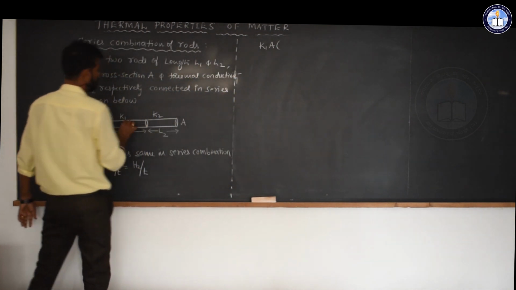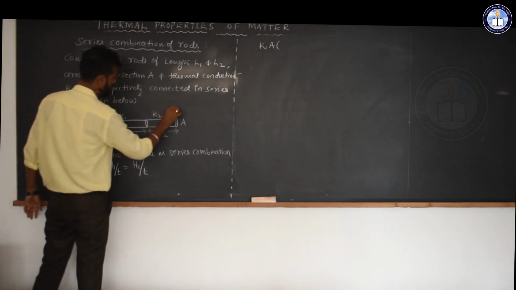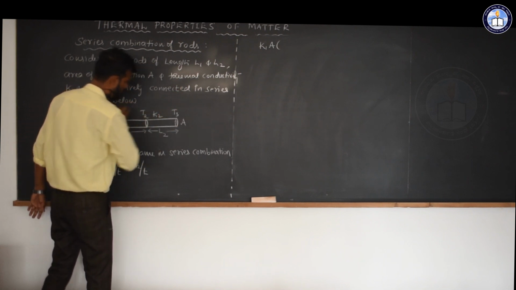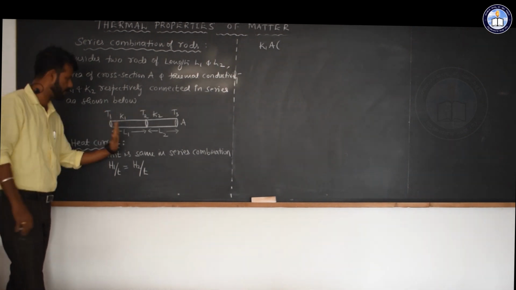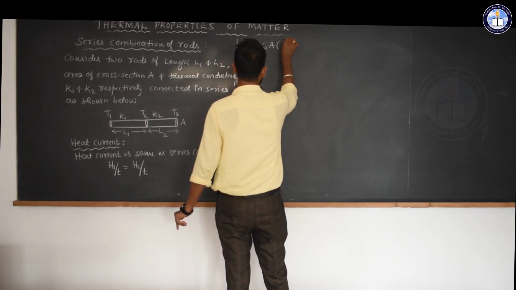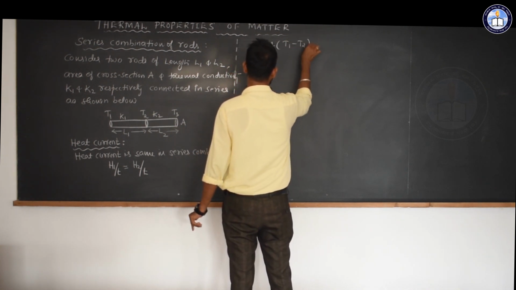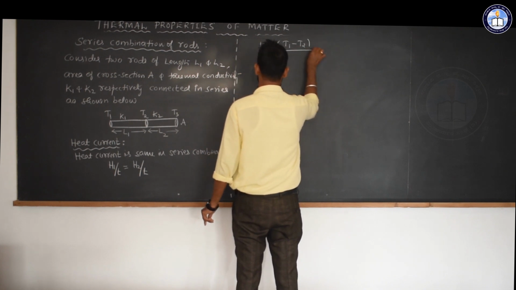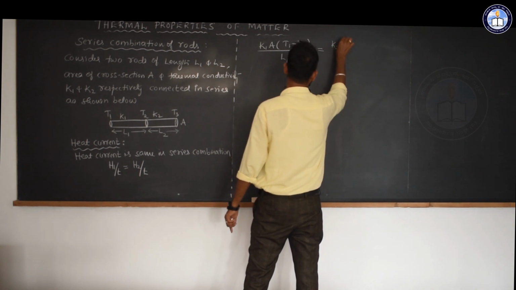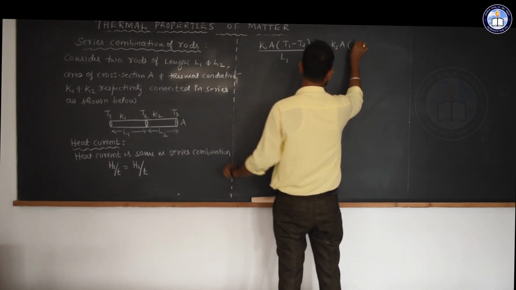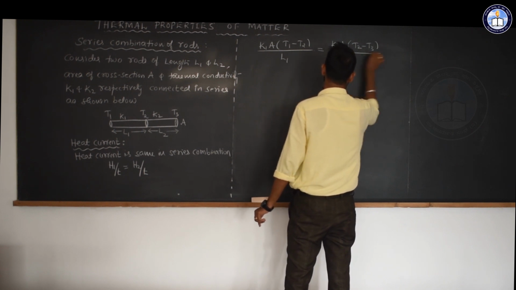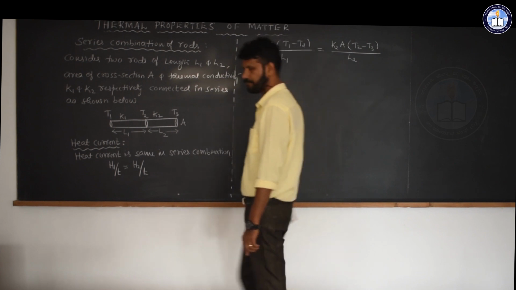If you consider the temperature here is T1, T2 at the center and T3 at this point, then K1A (T1 minus T2) divided by the length L1 must be equal to K2A (T2 minus T3) divided by L2.